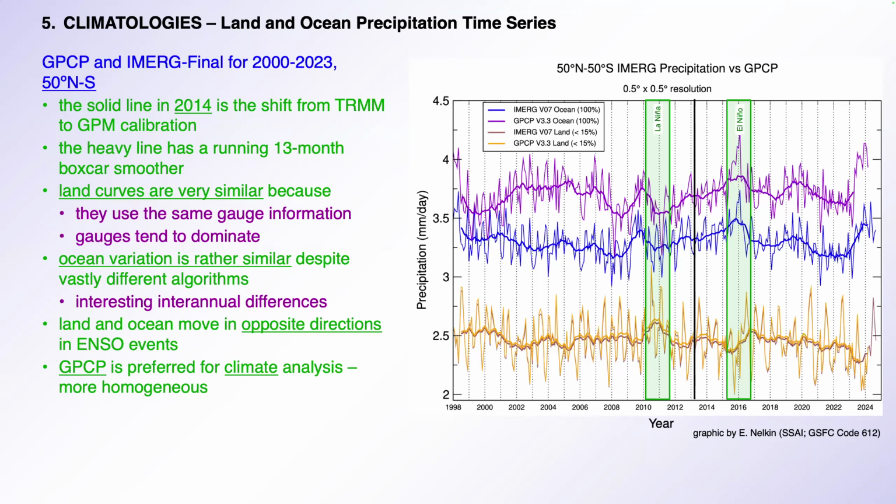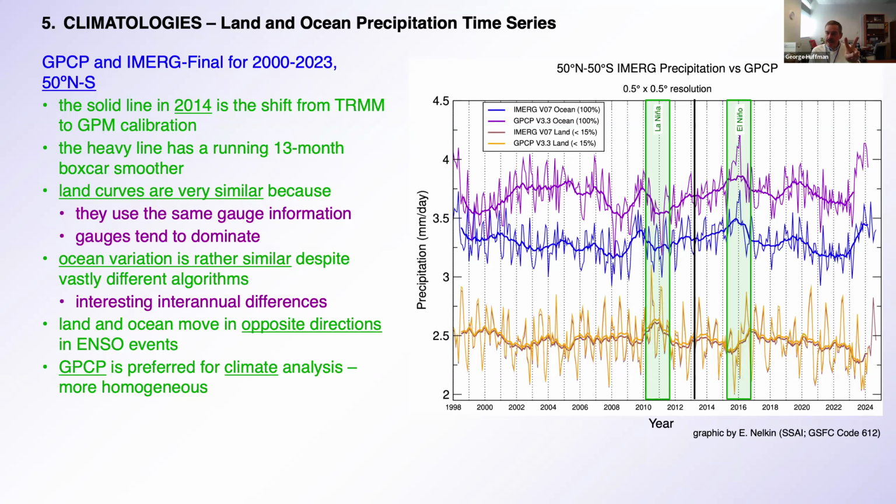What we've got going right now is pretty good, which is to say we have a calibrating satellite, which is currently the core observatory for GPM, which has a radar and a radiometer. We can use those to do calibrations first at the radiometric level of the individual satellites, and then at the precipitation level.